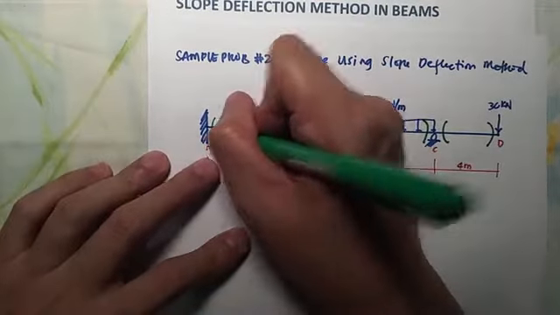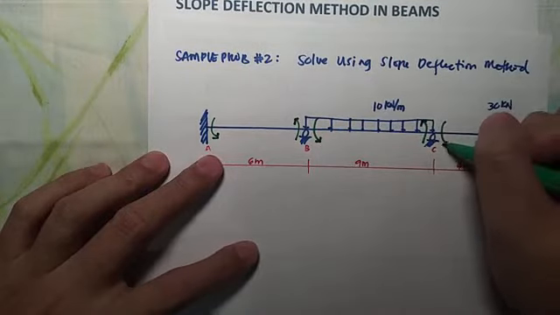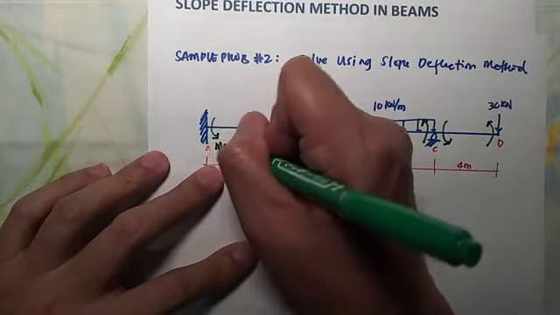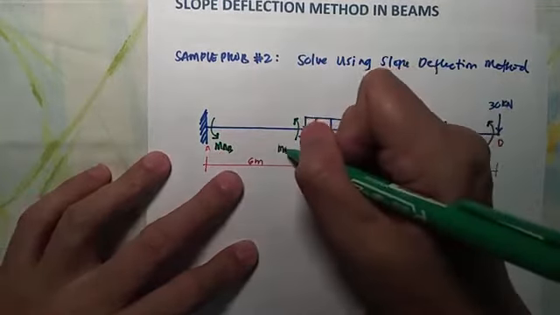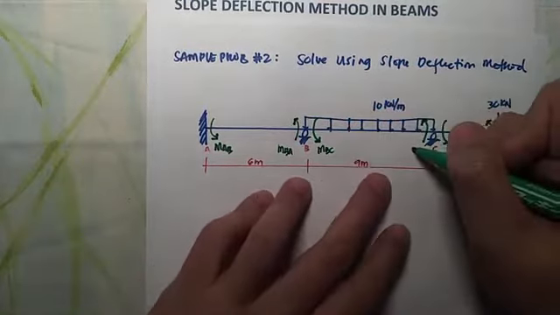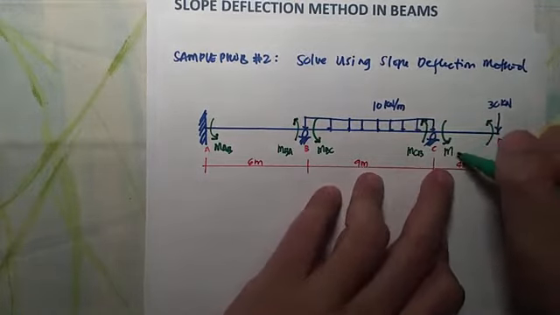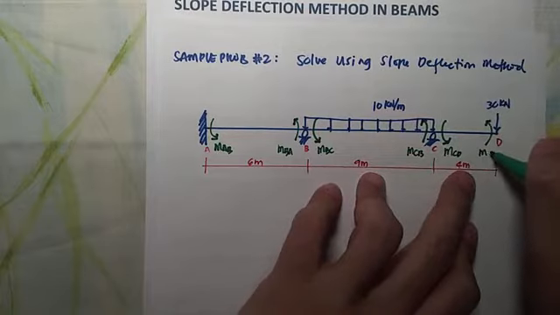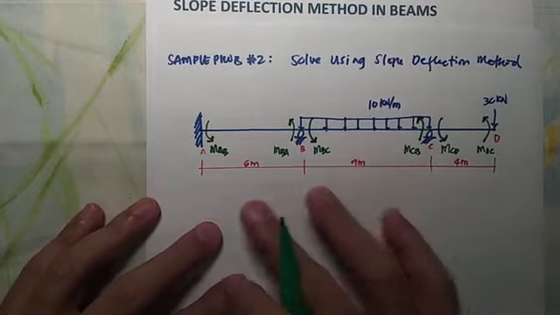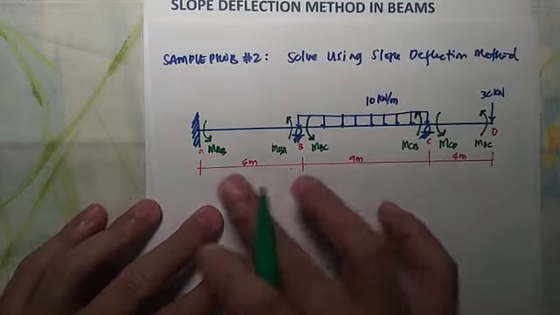So this is the moment at AB, moment at BA, moment at BC, moment at CB, moment at CD, and moment at DC. So that's the first step: identify the members and moments per segment.